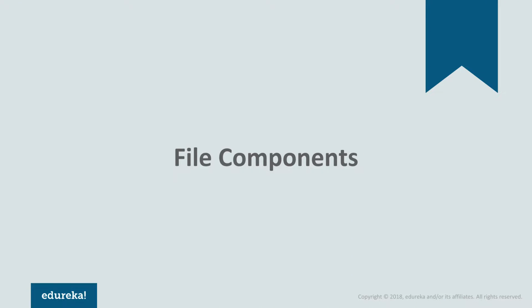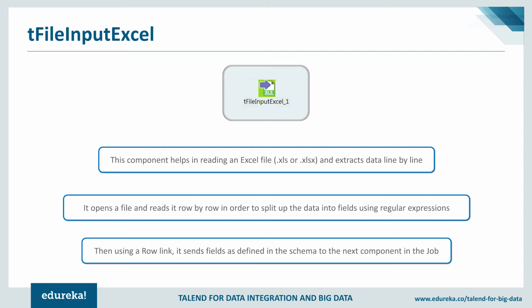So let's move on to file components now. For example, how are Talend components named? It starts with the letter T, and then the format of it, whether it's a file or a DB, whatever we are having as a component. The next part is whether it is an input component or an output component. It will be named like that. After that comes the format of the file, whether it's an XML file, delimited file, Excel file, whatever it is.